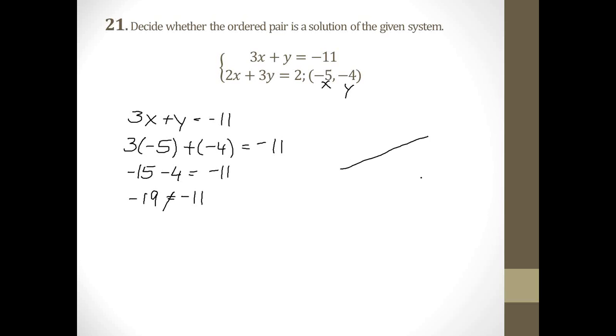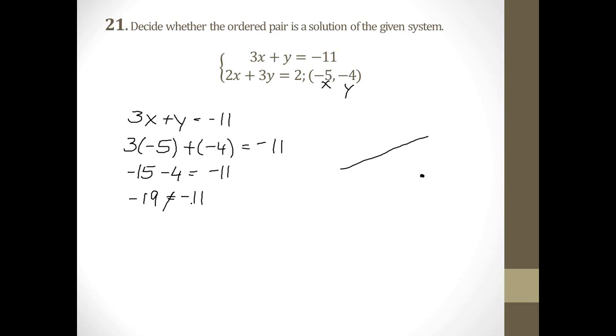For example, if the line is here, that point will be somewhere here. If it's not on the first line, then it cannot be a solution of the system, so we can stop right here. But if you had gotten a true statement, then you would have to do the same thing with the second equation and see if it also gives you a true statement.